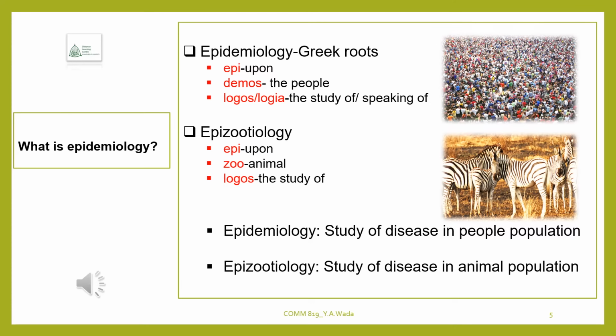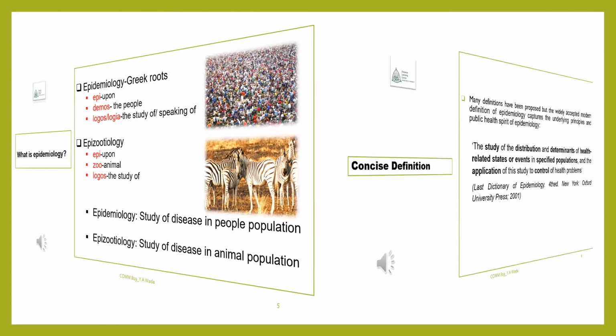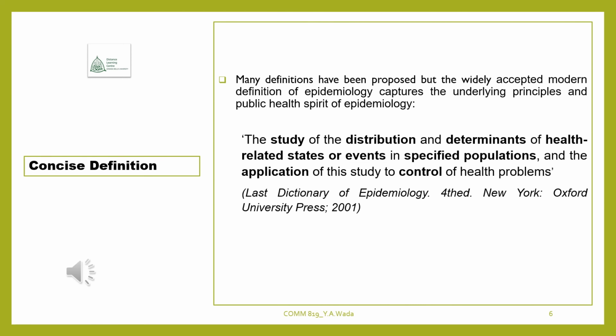So basically, literally, we now say epidemiology is the study of disease in people population, while epizootiology is the study of disease in animal population. So these two are just literally simple basic definitions. A more concise definition of epidemiology is that which captures the underlying principles of public health.